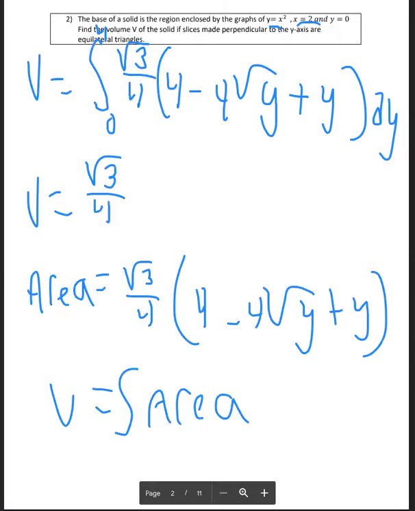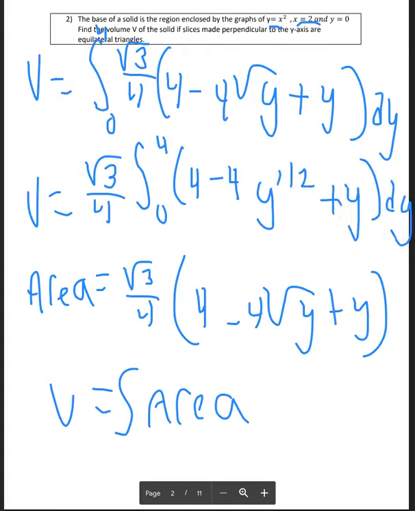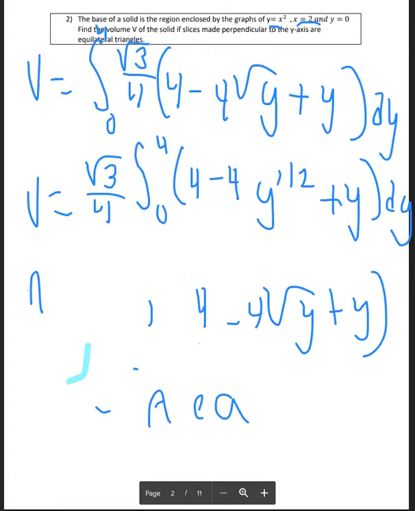If there's any number there and your first thought is to distribute it, don't do that. Just move it in the front and deal with it later. That's what I highly recommend. And then really you're just integrating this expression. I'm going to change it back to the 1/2 power because it's easier to integrate that way. And this is just regular integration.